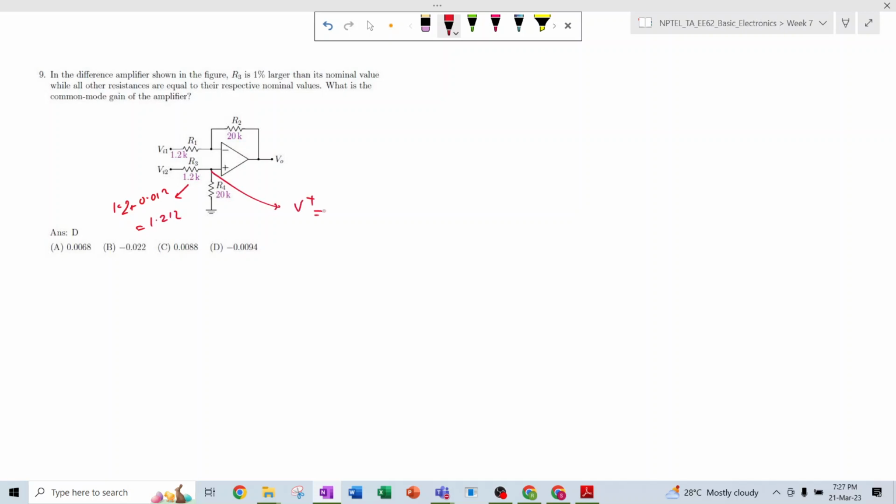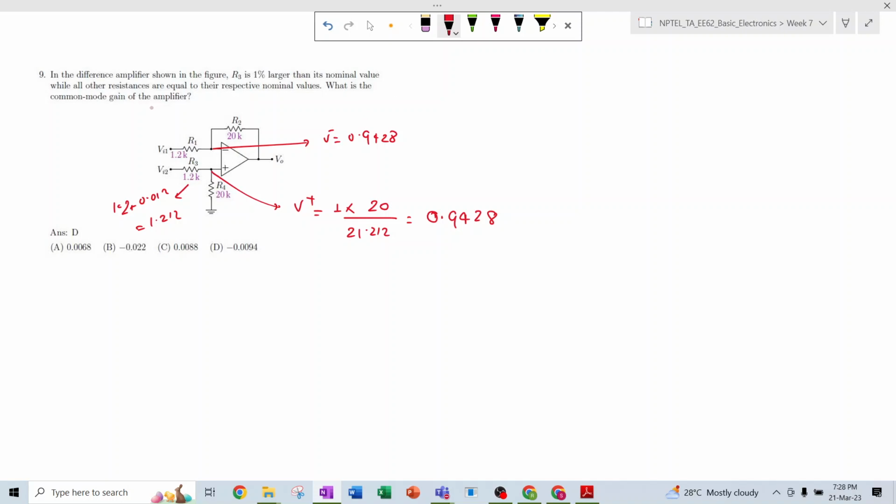Again V plus is Vi2, which is 1 volt, 1 into 20 divided by 21.212, voltage divider. How much is it? 20 divided by 21.212, so this is 0.9428. This V minus will be the same because of the virtual short concept.